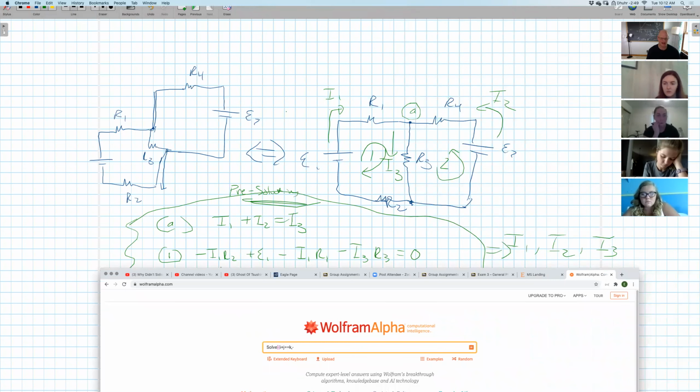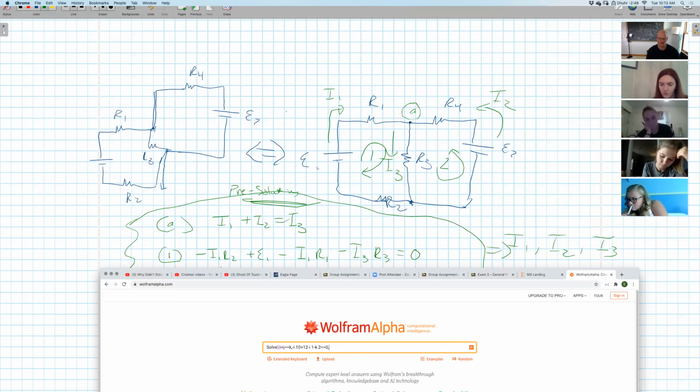For the second equation, I get minus I times R2, where R2 was 10, plus E1, which was 12, minus I1, which is I, times 1, because that's R1, minus I3, which is K, times R3, where R3 was 2, equals 0.